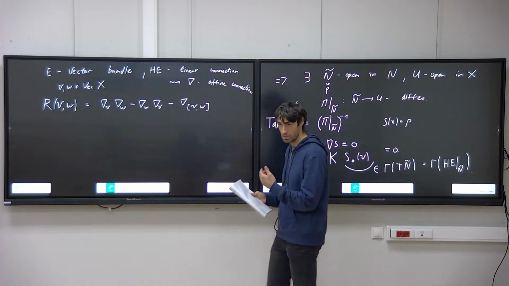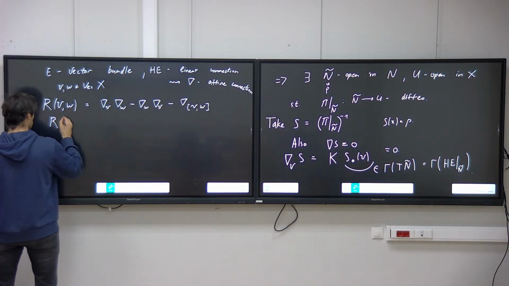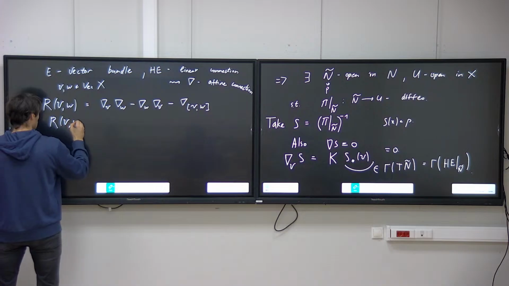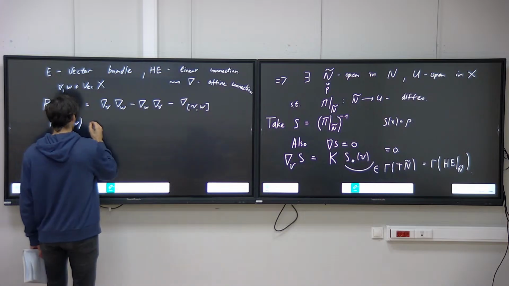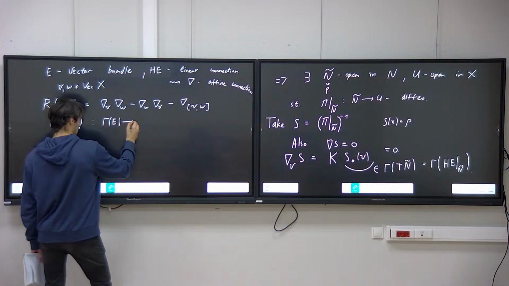So this is a map from, for each V, W, a map from sections of E to sections of E.